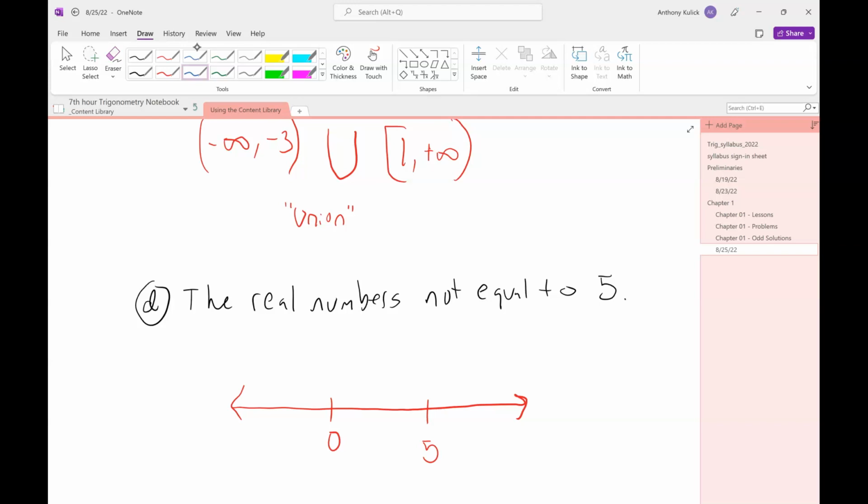So should 5 get an open circle or closed circle? Open, because we want the things that are not 5. So 5 is the only thing that's not 5, so that gets an open circle. Now, where do the things that are not 5 live? Both directions, right? So the things less than 5 belong, and things greater than 5 belong. You guys cool with that?